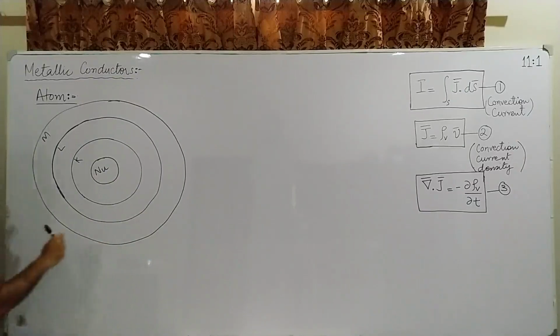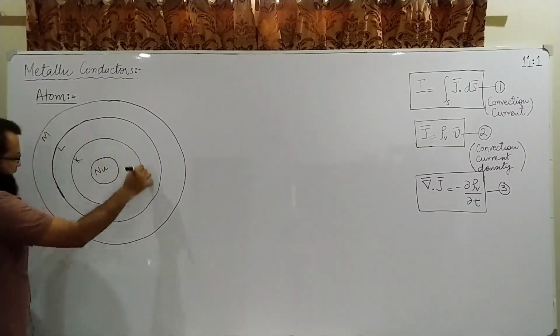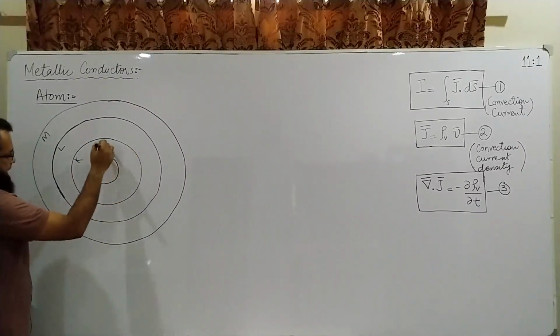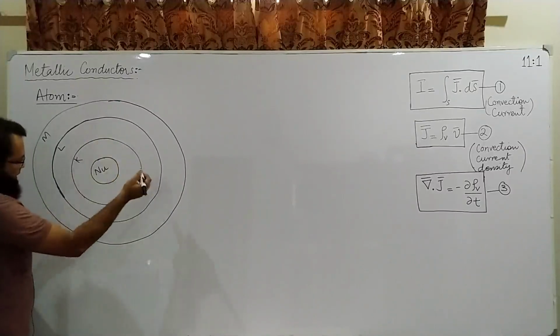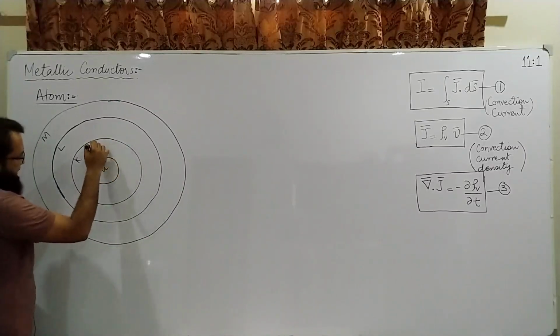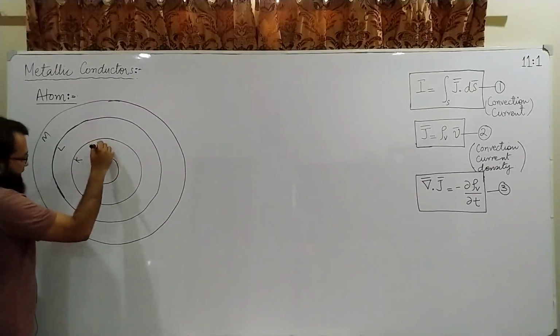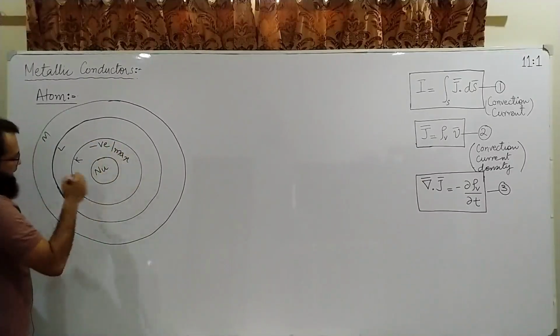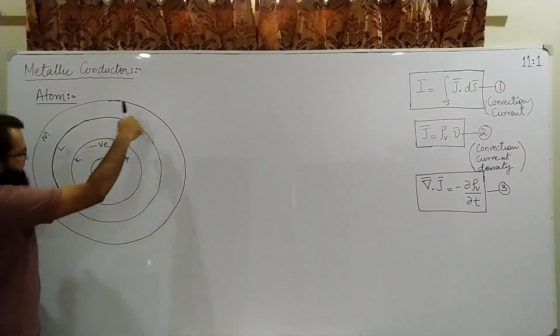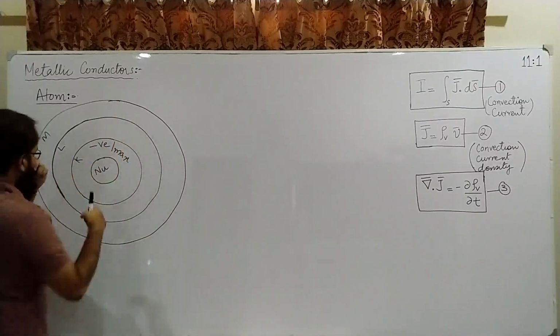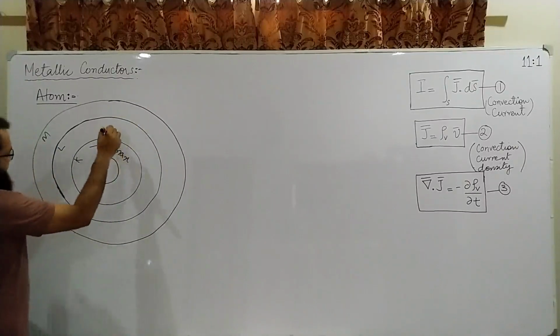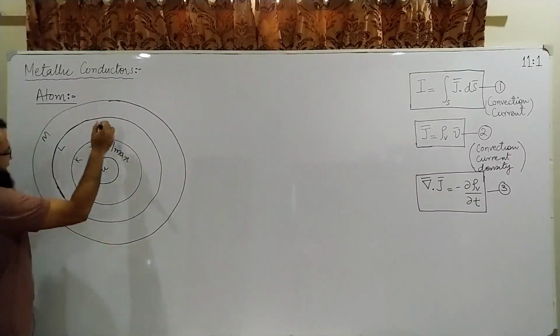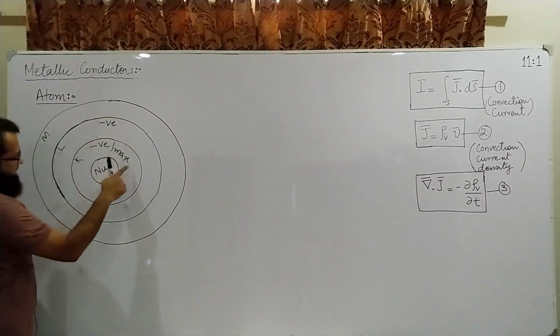Normally the innermost orbit is the one which has got the most negative energy associated with it, and as you go to the higher orbit, the energy associated with this orbit would be negative but lesser in magnitude than this one.